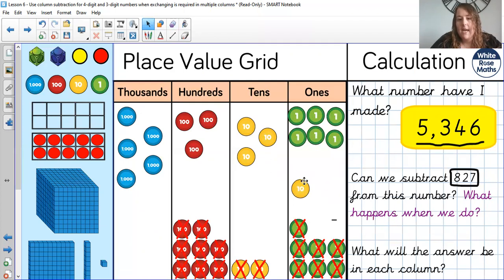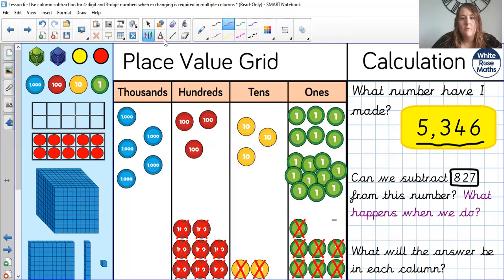I've moved that 1 ten across, and this is now what we have to exchange for 10 ones. So 1, 2, 3, 4, 5, 6, 7, 8, 9, and 10.